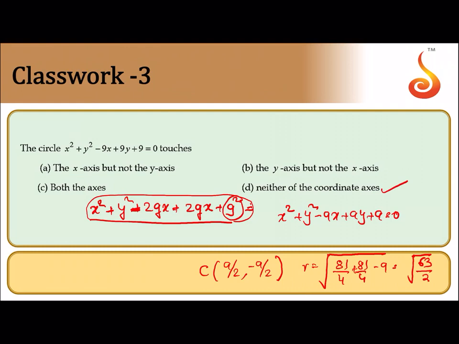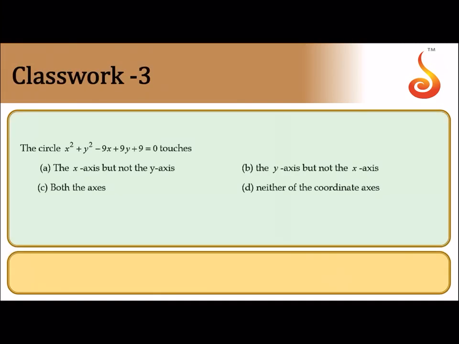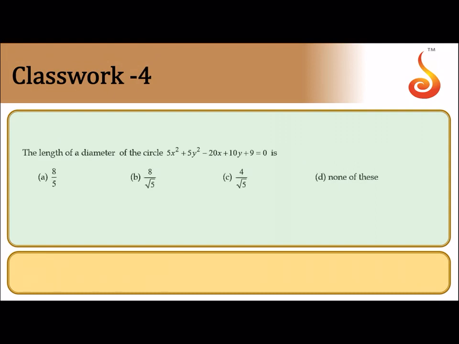Sometimes these types of problems mislead you, so you must be very careful while solving. Center is 9 by 2 comma minus 9 by 2. Radius is equal to under root of 63 by 2. It is not at all satisfied. So option D is correct.